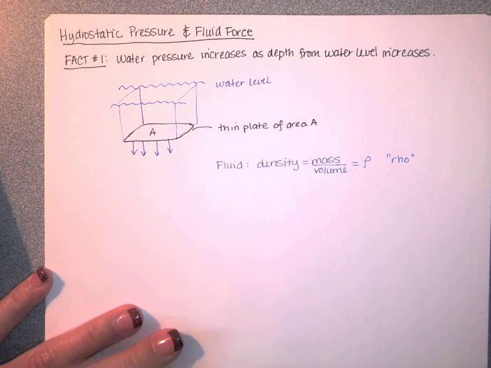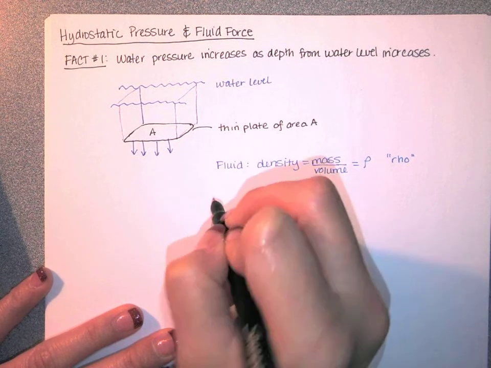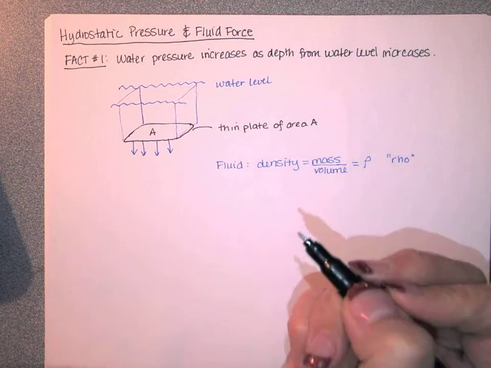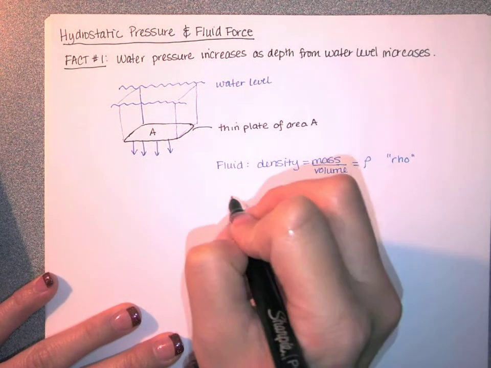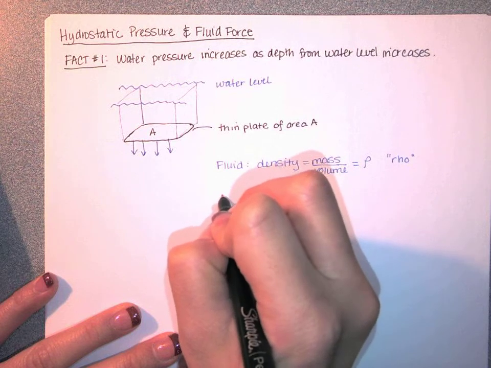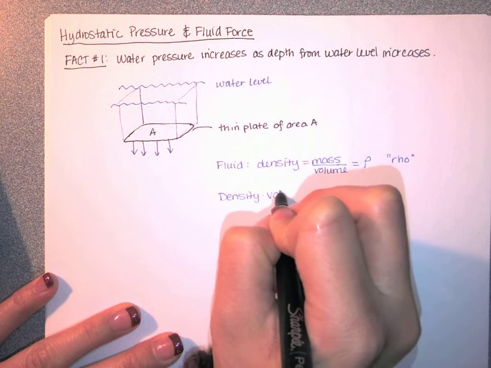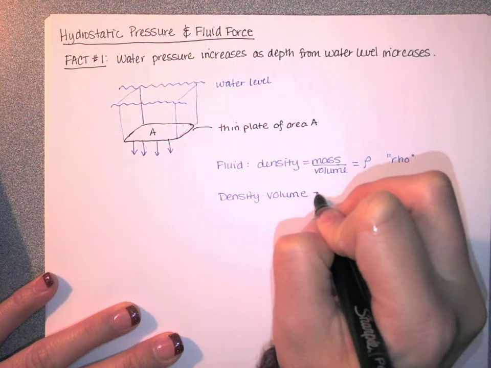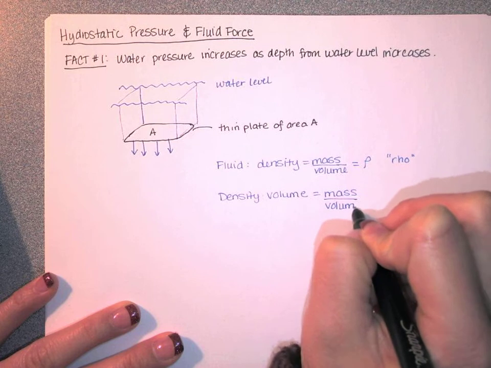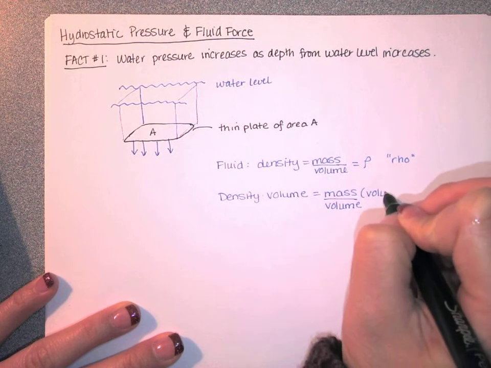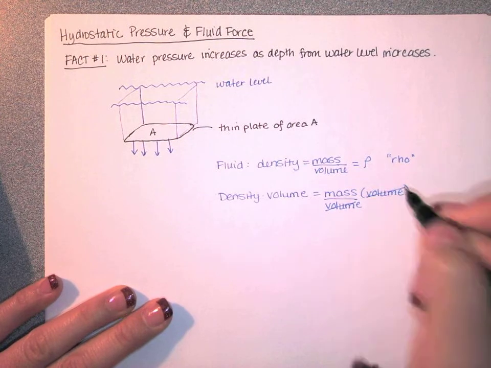So if I take that and I multiply by volume, so that's density times volume, that's going to be mass per unit volume times volume. That's going to give me the mass back.